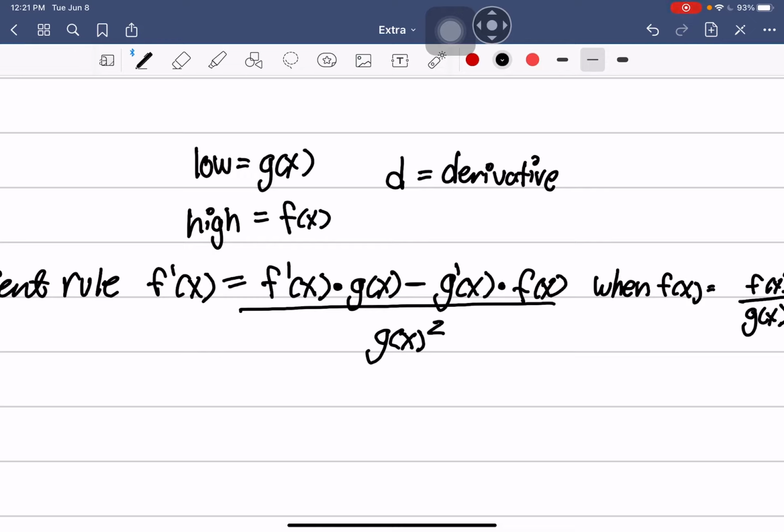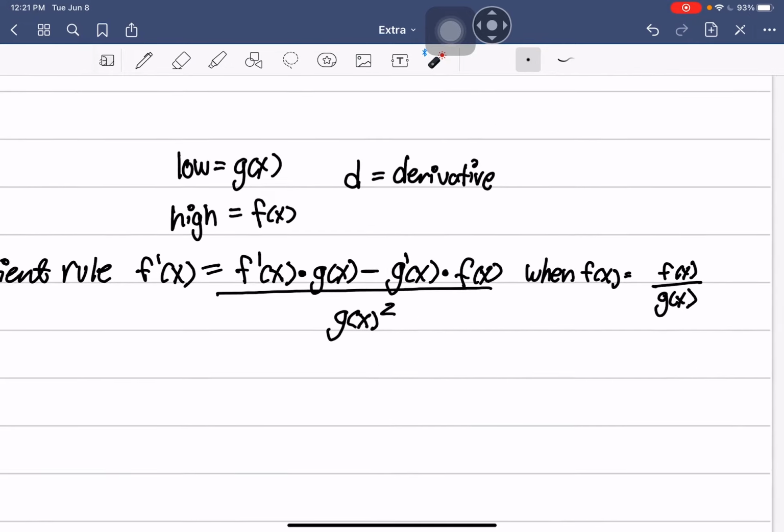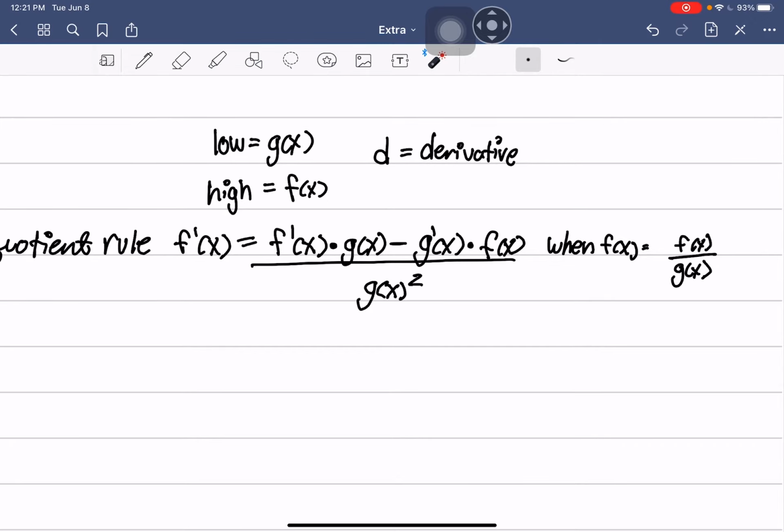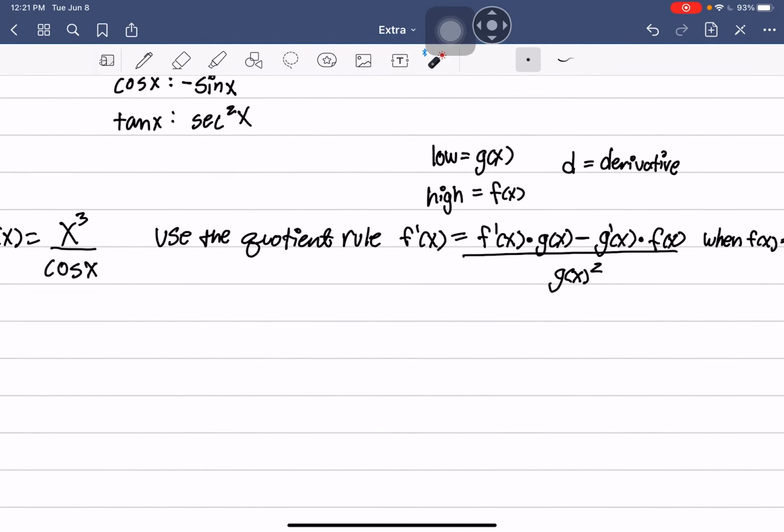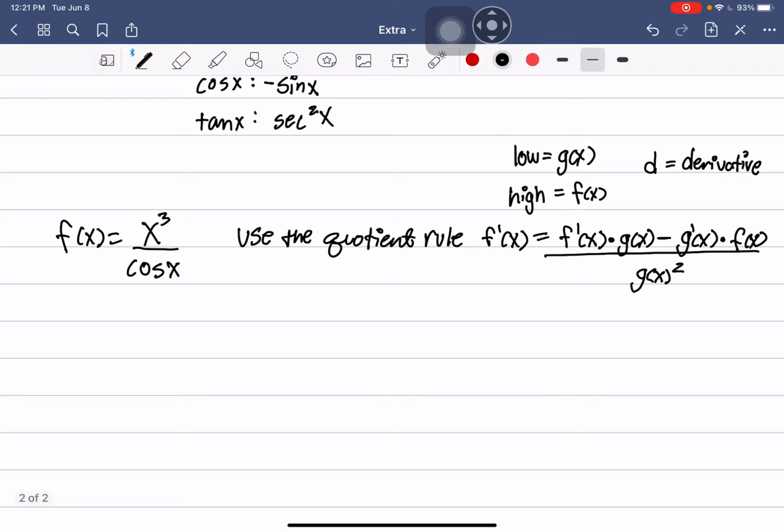So we got low d high minus high d low all over low squared. Now that's just a little way of remembering it, not very important, but feel free to rewind this little part if it helps. Okay, so let's jump into the problem.